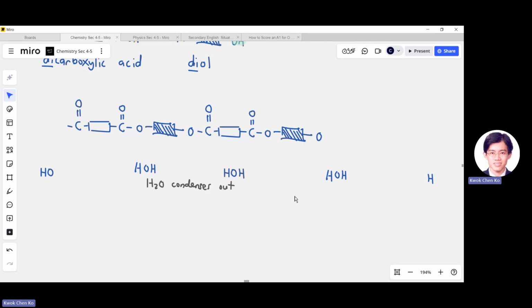Since you're done, try drawing the repeating unit, try drawing the polymer. How do they look like?